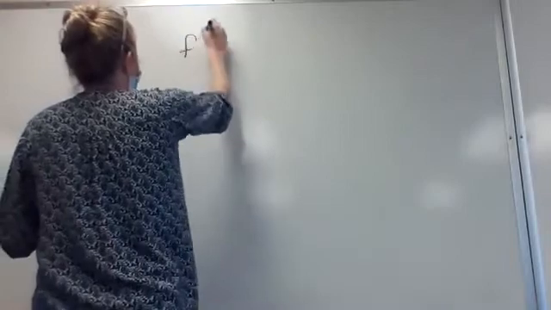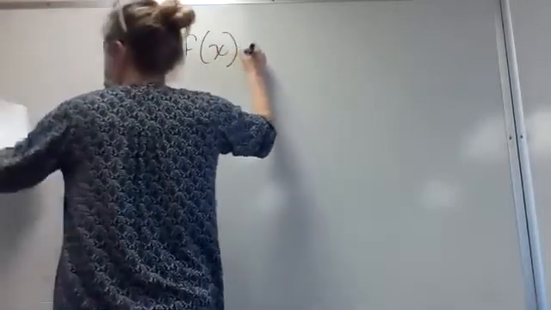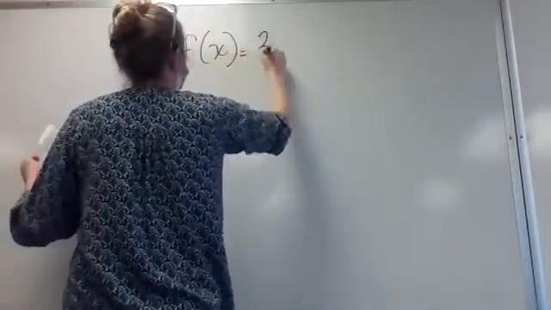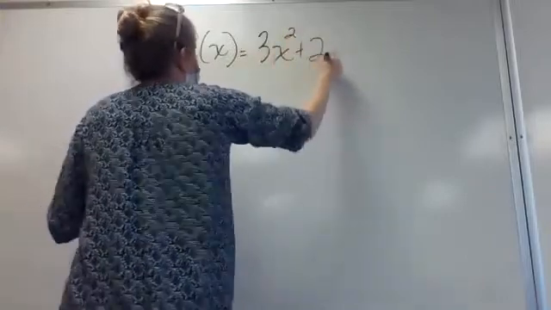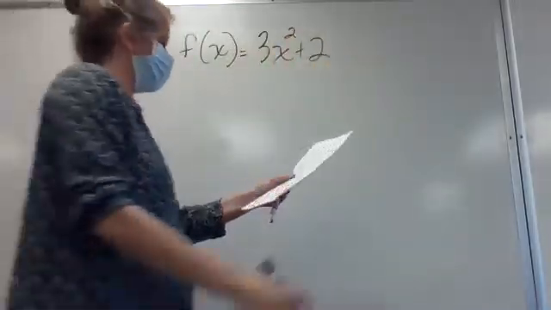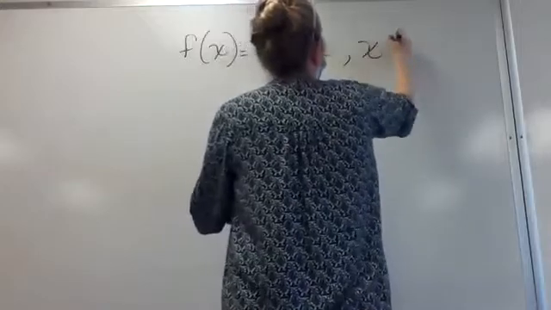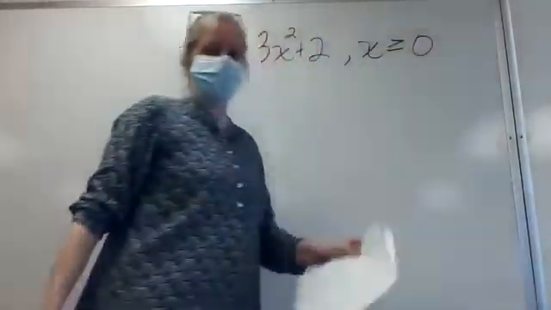All right, number 11. F of x equals 3x squared plus 2. And then you'll see next to it, comma, where x is greater than or equal to 0.